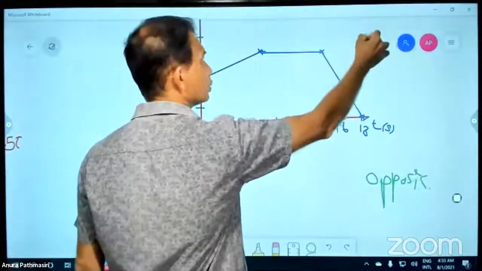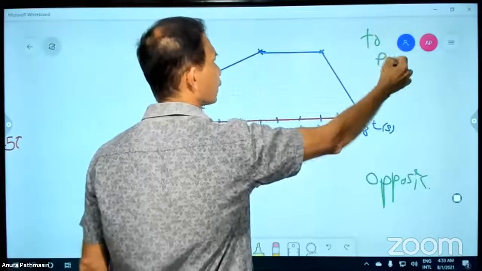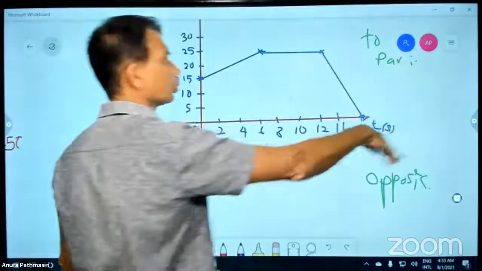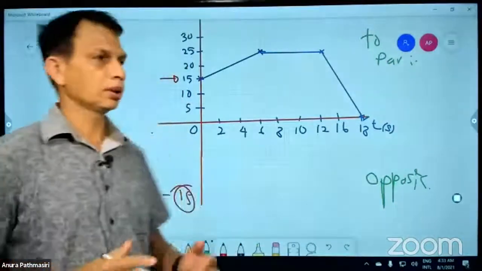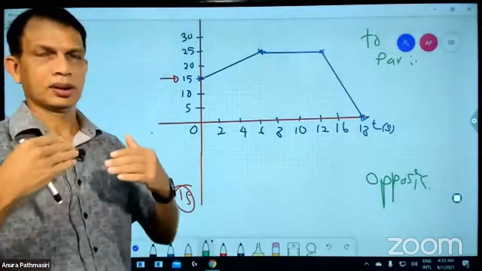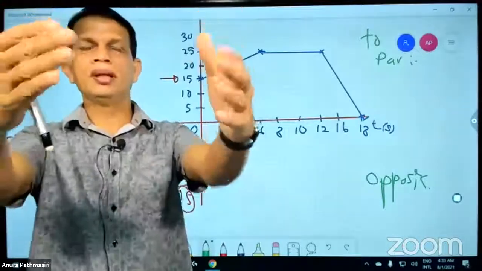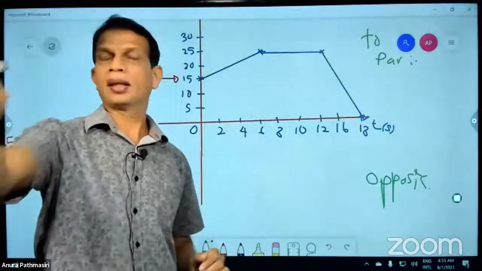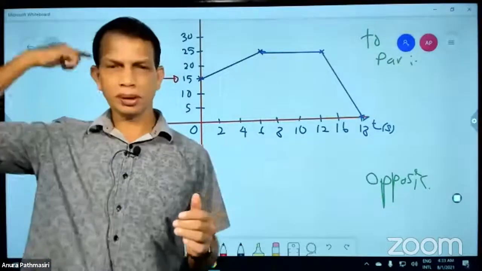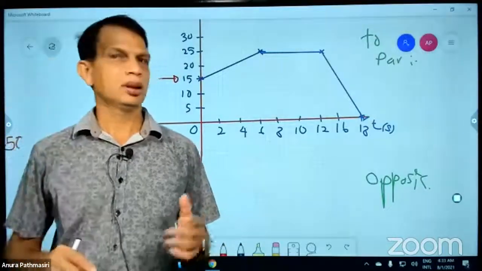And this is the particular direction. And this is opposite. I mean, if I am facing your way, this is the particular direction. And if I turn back, that is my opposite direction, right?